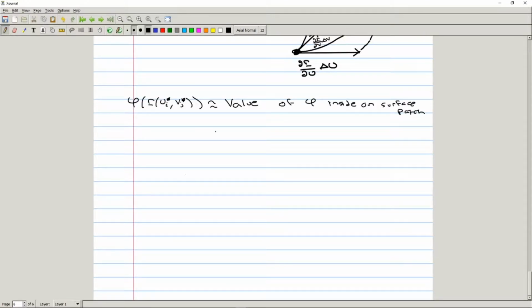And then the idea is that the approximate accumulation of this function phi on the surface as a whole is going to be the double summation like before, from 1 to n, 1 to n, of this value of the scalar function on the surface patch multiplied by delta Sij.